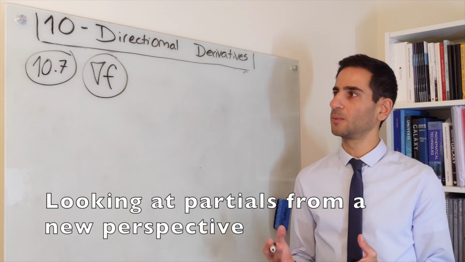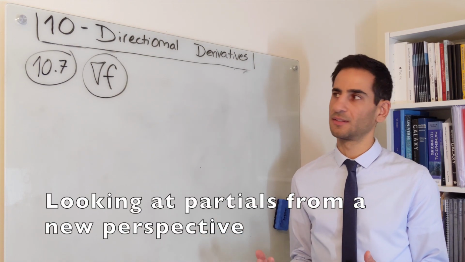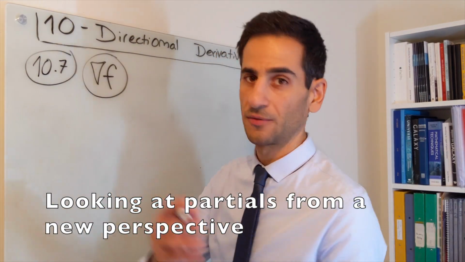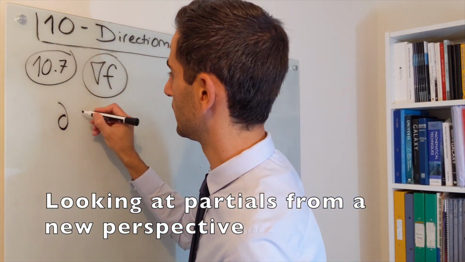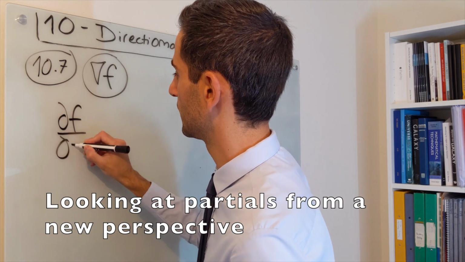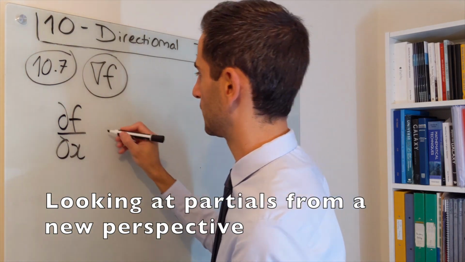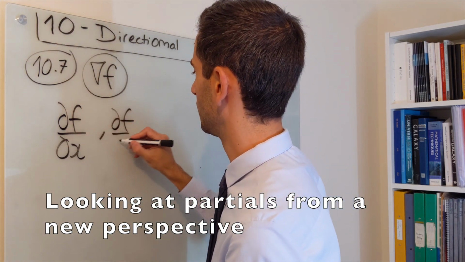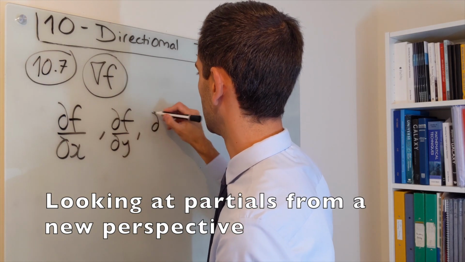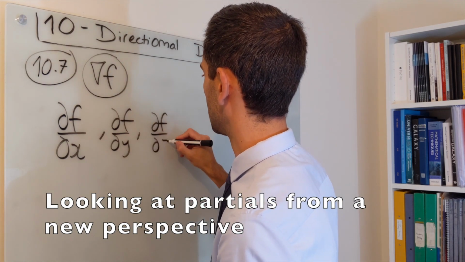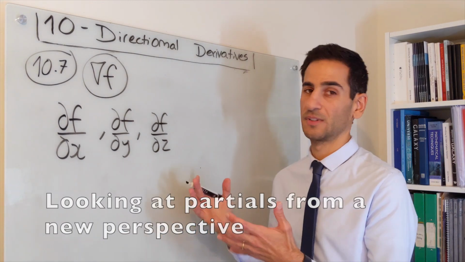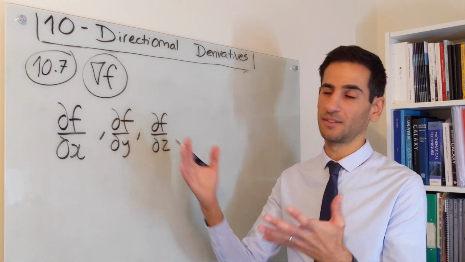First of all, one of the things that's kind of cool to realize is that so far, from section 8, when you were calculating these partial derivatives, df dx, df dy, or df dz, all you were really doing was calculating the components of the gradient of f.